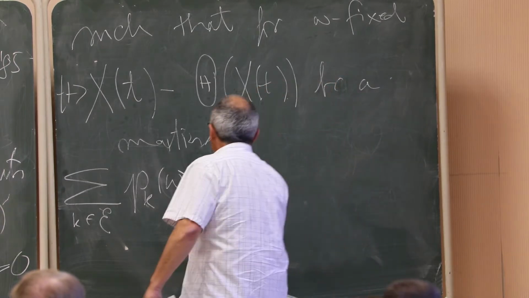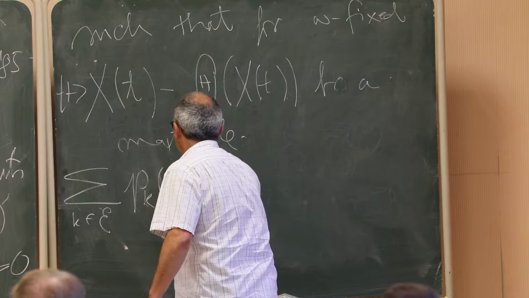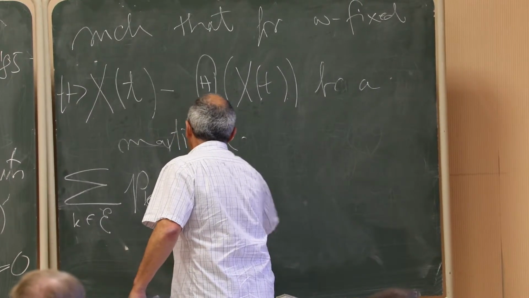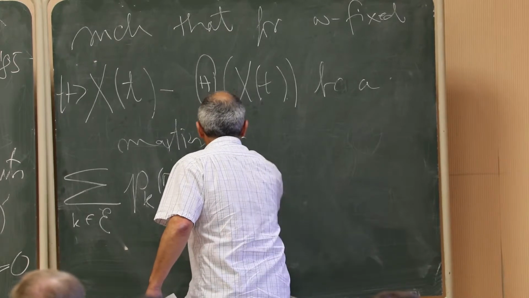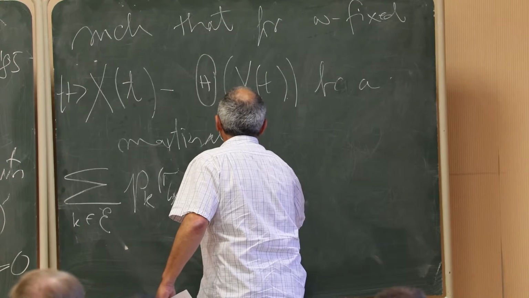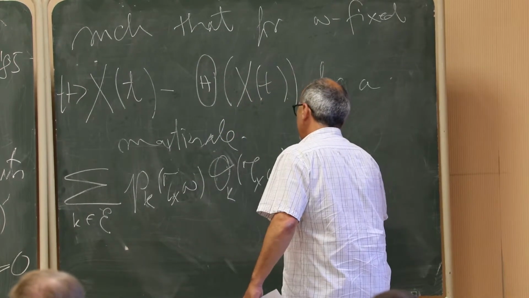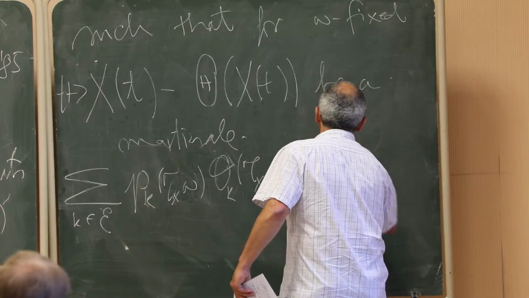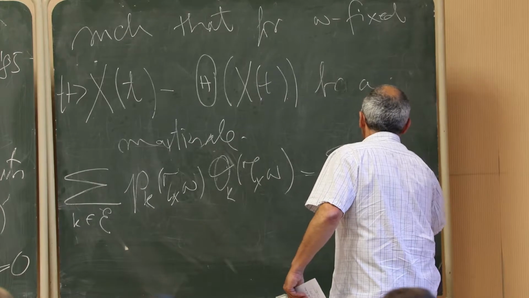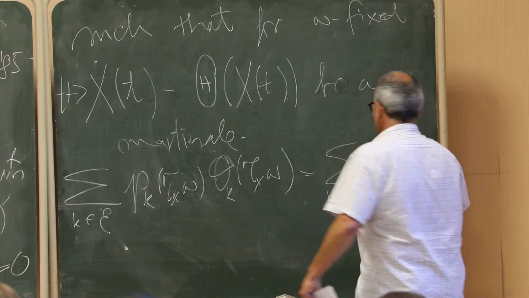So I have sum over k in E of p_k of tau_x omega times theta_k of tau_x omega, equal to sum over k in E of p_k of tau_x omega times k.